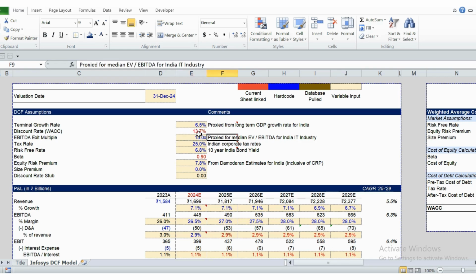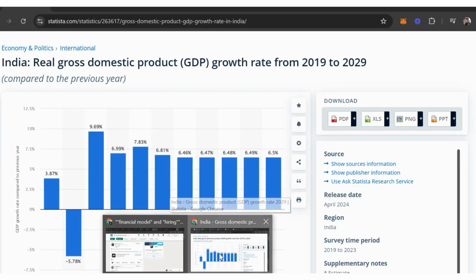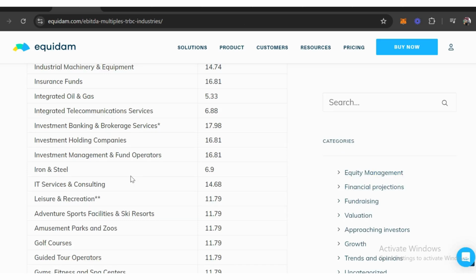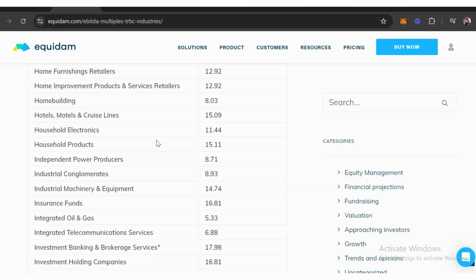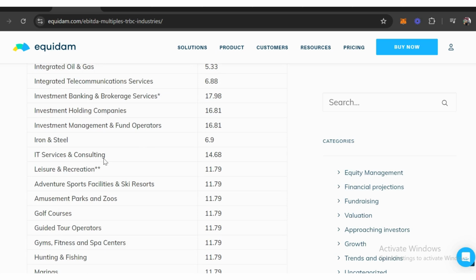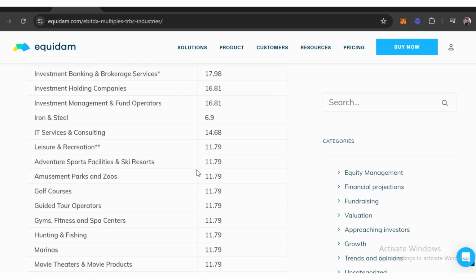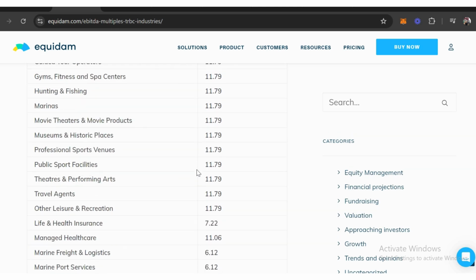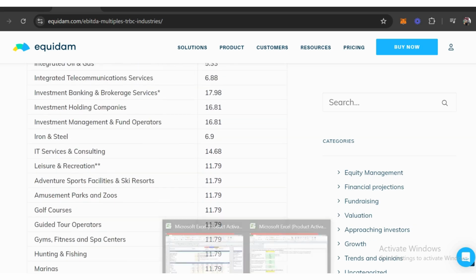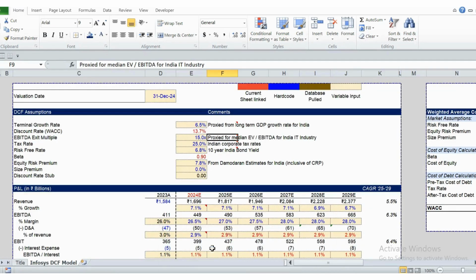I did a web search for industry multiples in India and got one post with EBITDA multiples of different industries in India, where IT services and consulting on average is trading at about 14.68. So I rounded it off and took 15x as the EBITDA multiple for this particular exercise.